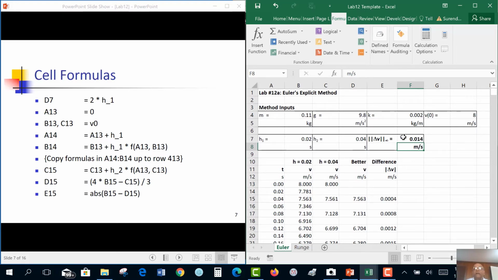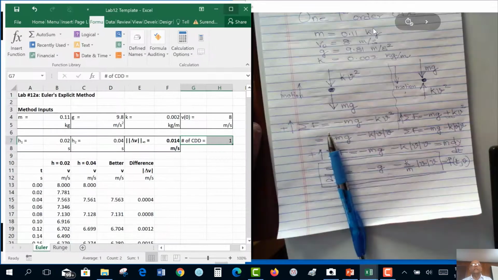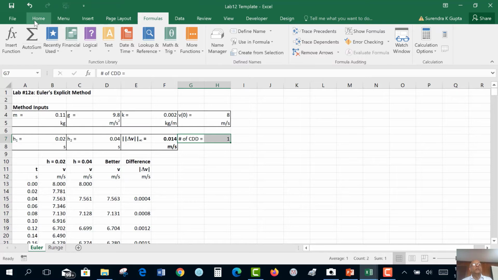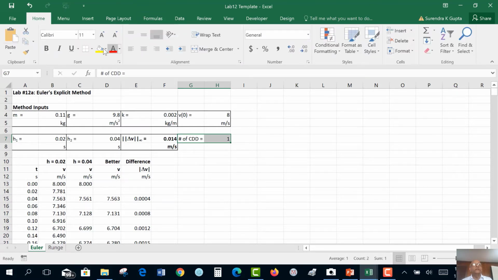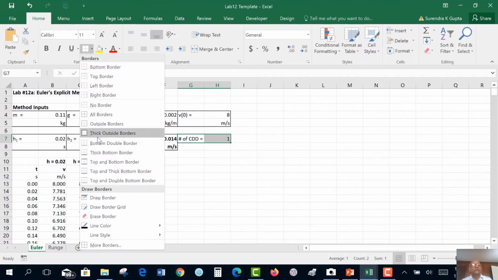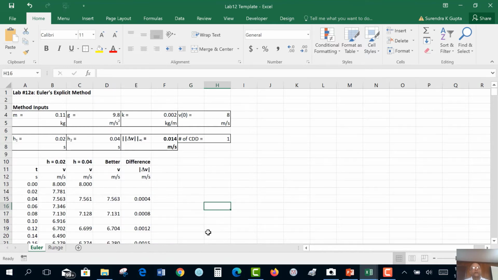That means we have one correct decimal digit. So let's box it. And folks, we are done.